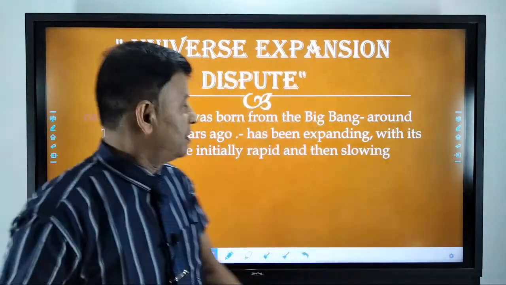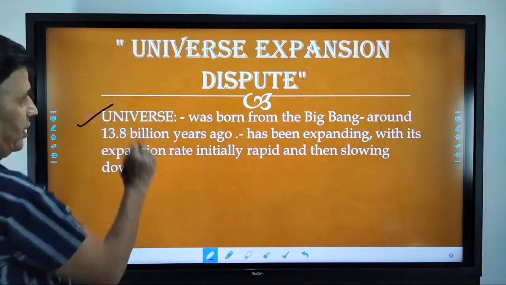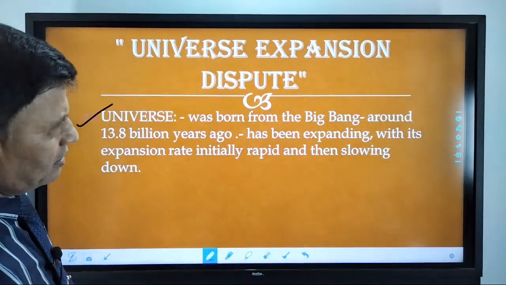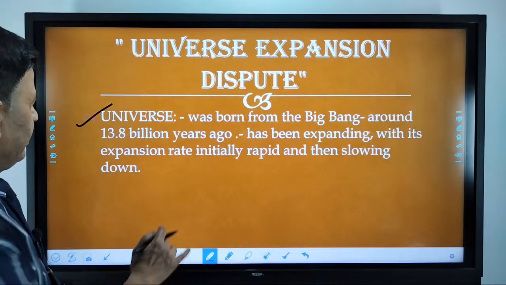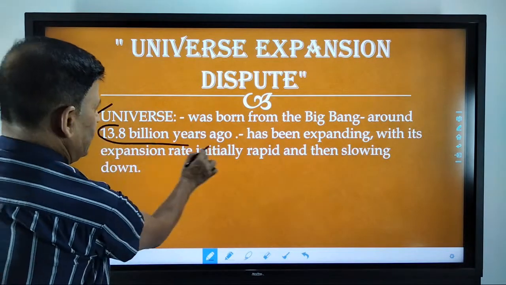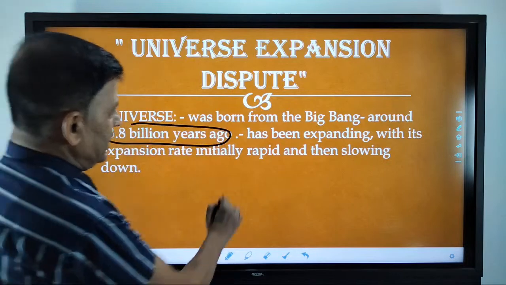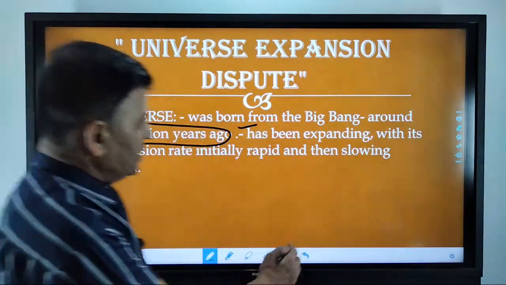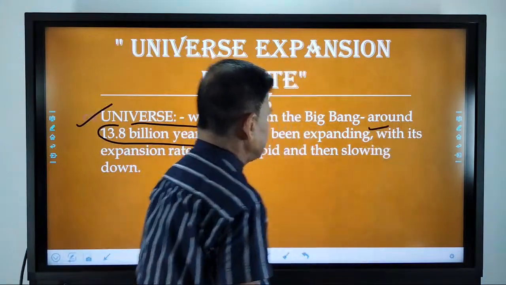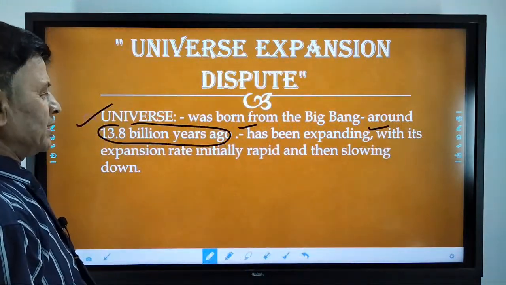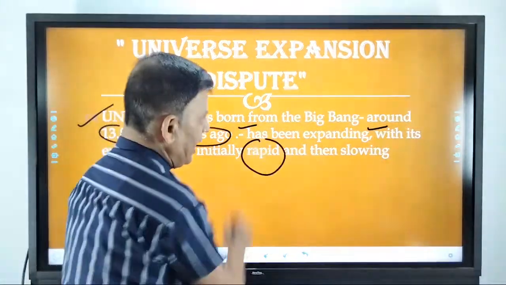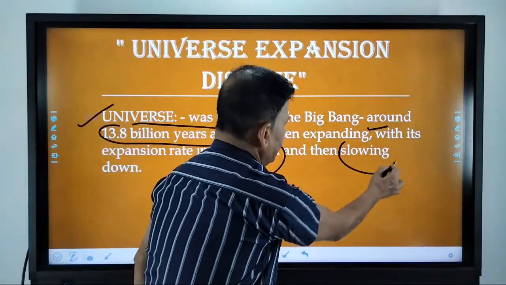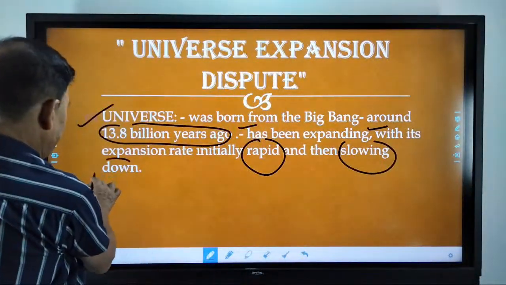Okay. So the universe was born from the Big Bang around 13.8 billion years ago, and next point, it has been expanding. And third point, what is the nature of expansion? Earlier expansion was rapid, and then it began to slow down. Okay.